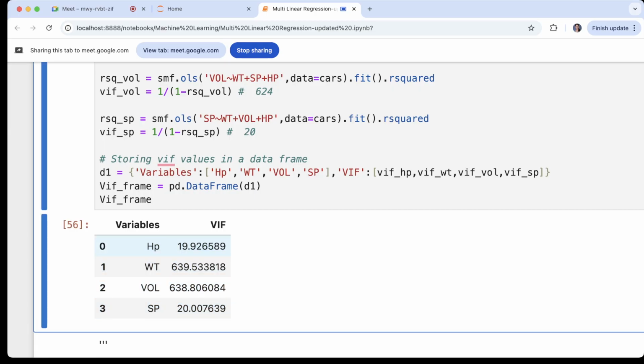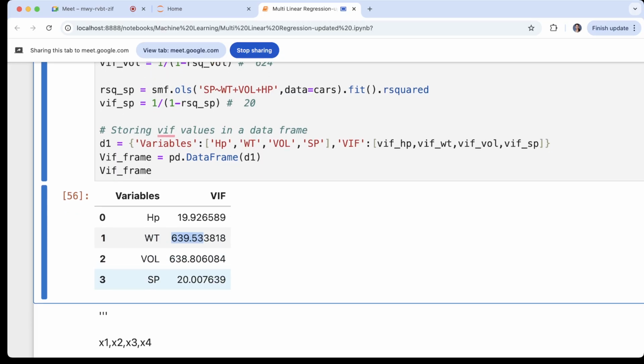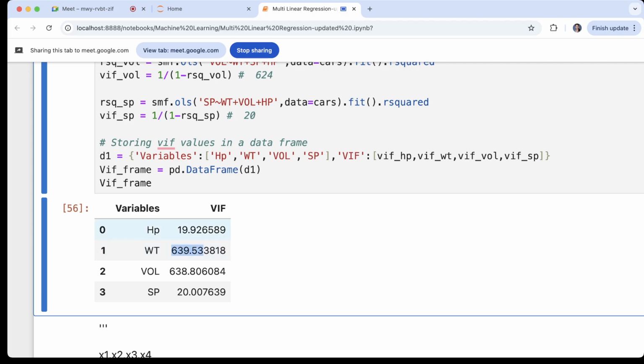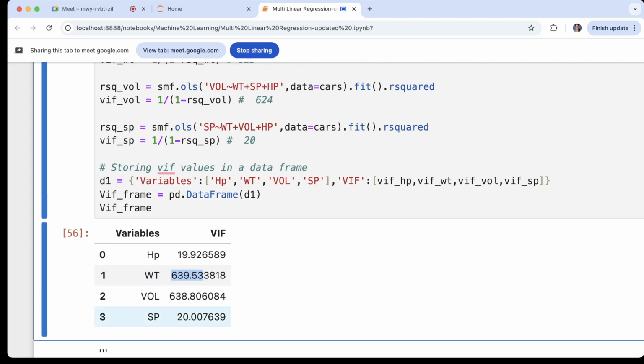For HP it is 19, WT 639, and so on. Now, are these values acceptable? What is the threshold for VIF? Less than 10, right?